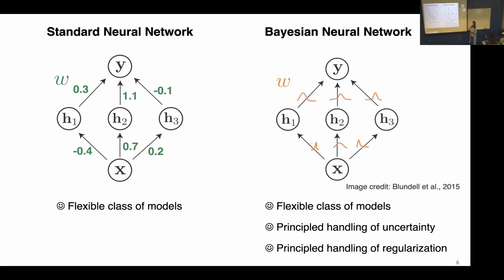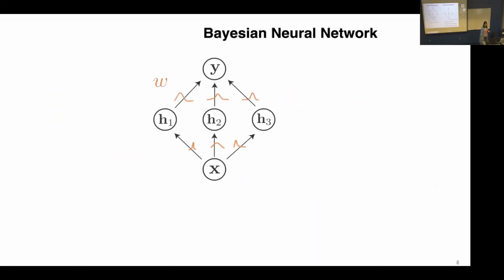It inherits the benefits of flexible models, but also imposes the prior assumption over the weight. Now the weights are not just deterministic values. You can think of them as random variables sampled from distributions. This kind of model can handle uncertainty or regularization better. So that's Bayesian neural network.